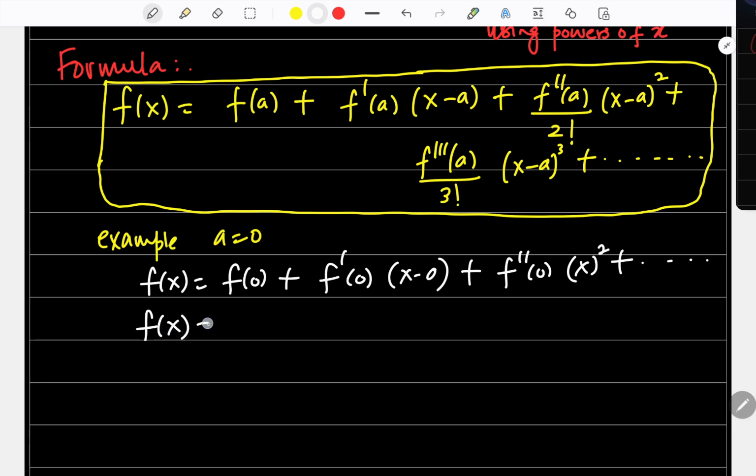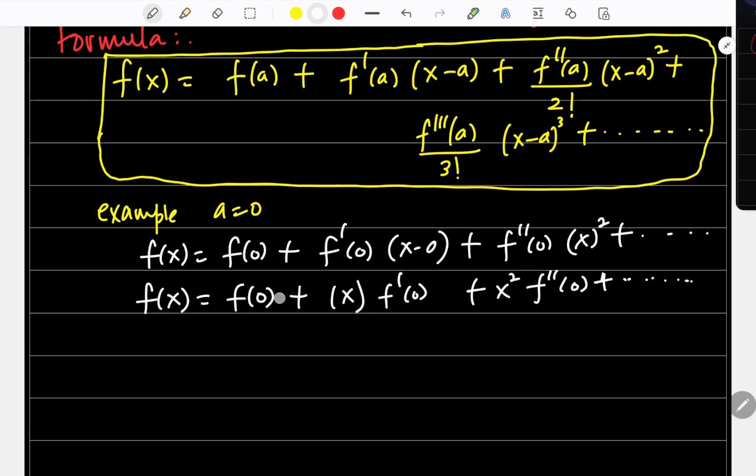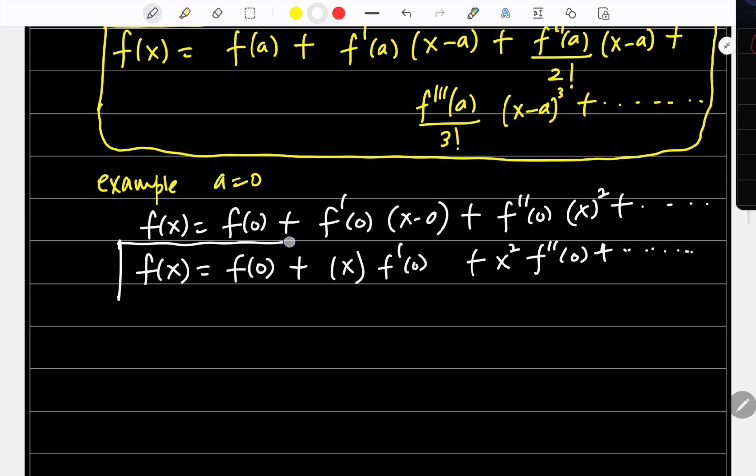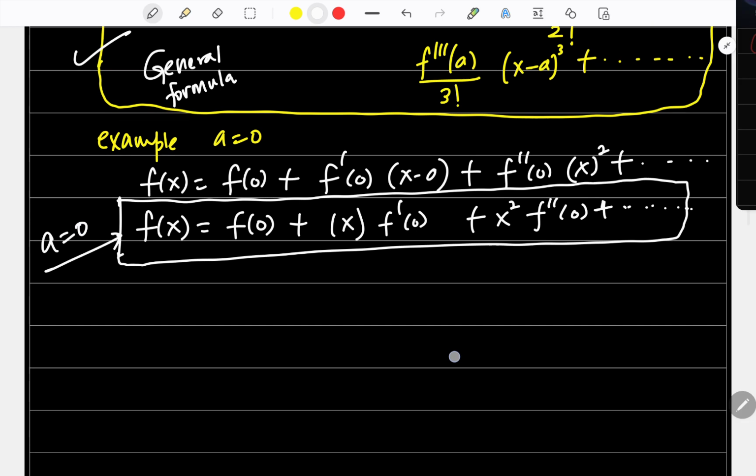So in simple form, I want to write it as f of 0 plus x times f dash of 0 plus x square times f double dash of 0 and so on, right? Yes, and so on. Okay. Now this is the formula in the neighborhood of the point a equals 0. This is the Taylor series formula at a equal to 0.